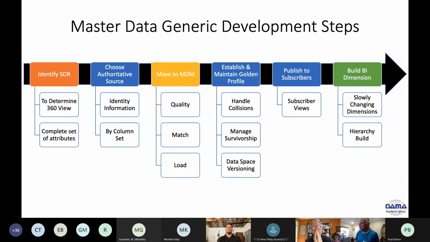We have to then manage survivorship and what we refer to as data space versioning. Once you've got that, you're now ready to start publishing to subscribers. And the next step would be how do we bring this all together within a BI system or dimensional system. And then moving on, Paul.